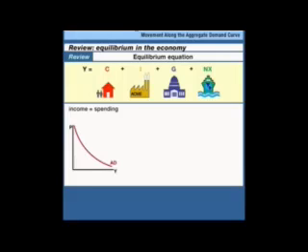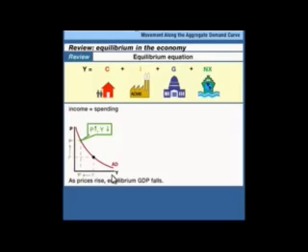That is, as the price level rises, consumers, businesses, foreigners, and the government buy less stuff. A movement along the aggregate demand curve means a reduction in real gross domestic product as the aggregate price level rises. But what's the story behind this curve? Why is it that rising price levels lead to shrinking real gross domestic product?